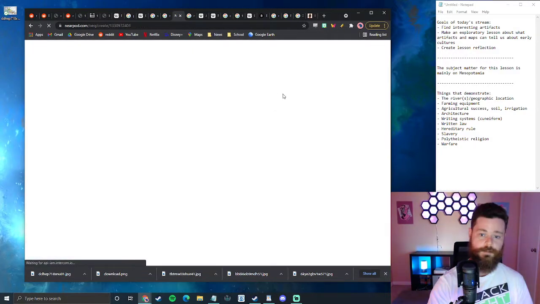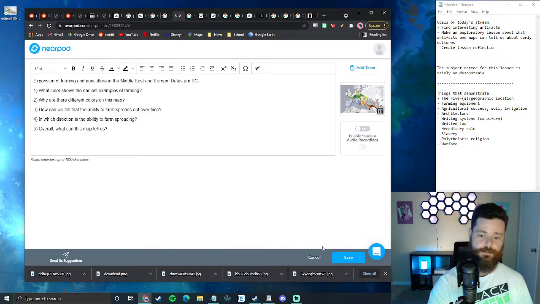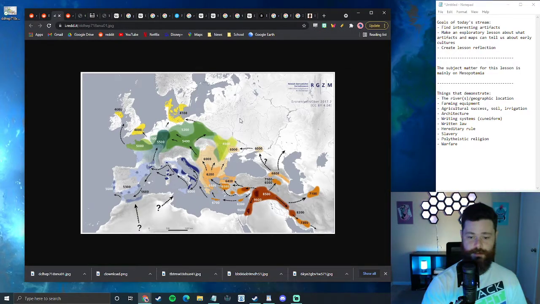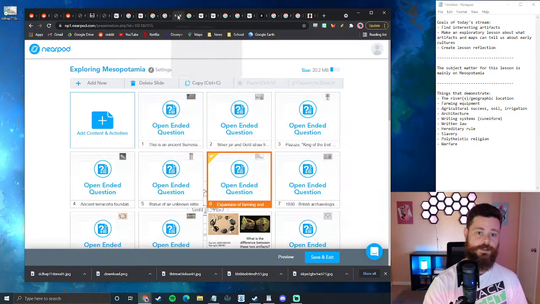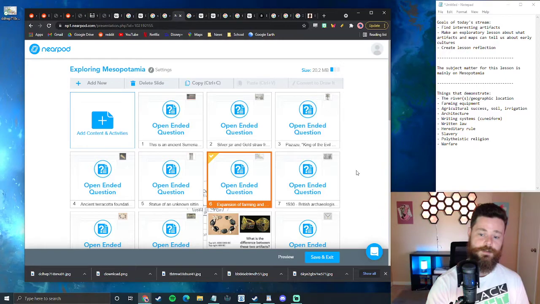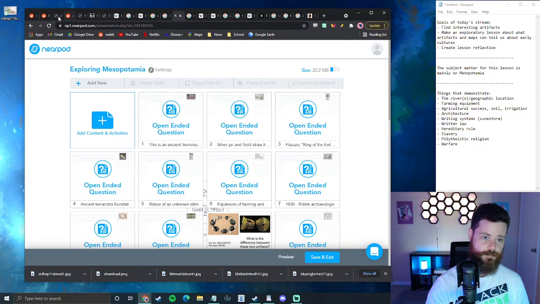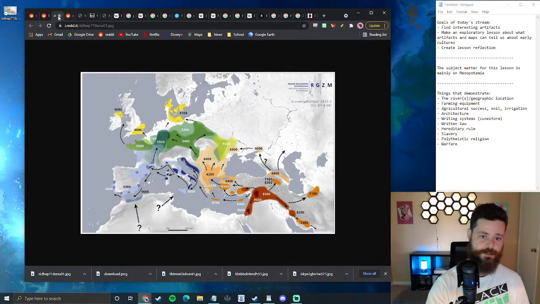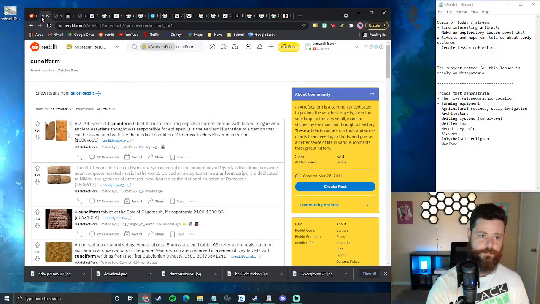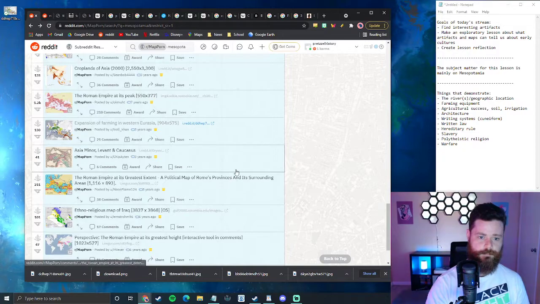And if we look at this map, the Fertile Crescent is where farming starts in this part of the world. And then we go straight into the picture of the people who had unearthed these drainage channels and irrigation stuff. So I think that would be really helpful. All right. Mesopotamia.